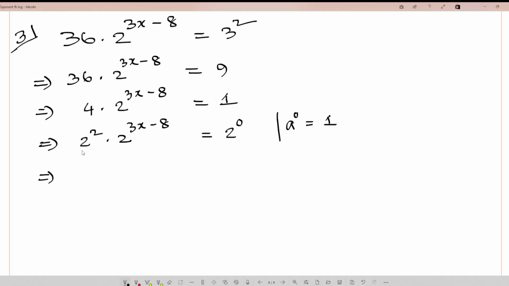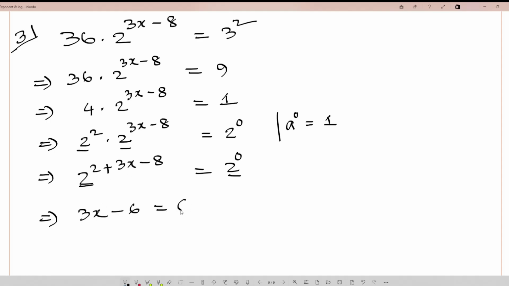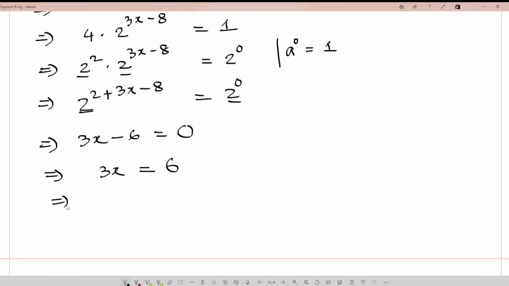Now the bases are the same, and in a product the powers will be added. So 2 plus 3x minus 8 equals 2 to the power 0. The bases are the same, so the powers will be equal. So 3x, 2 minus 8 means minus 6, equals 0. So 3x equals 6, right? Now we divide both sides by 3, so x equals 2.